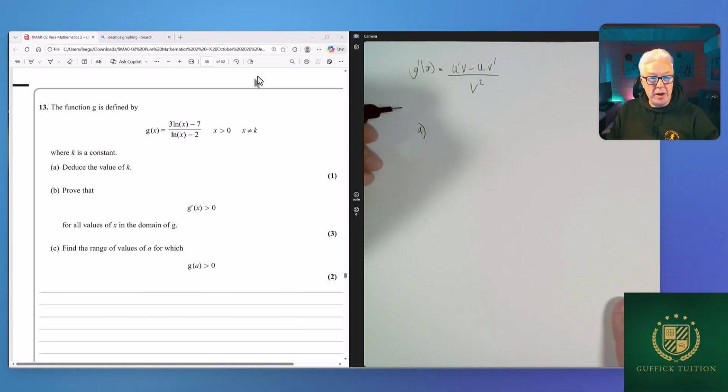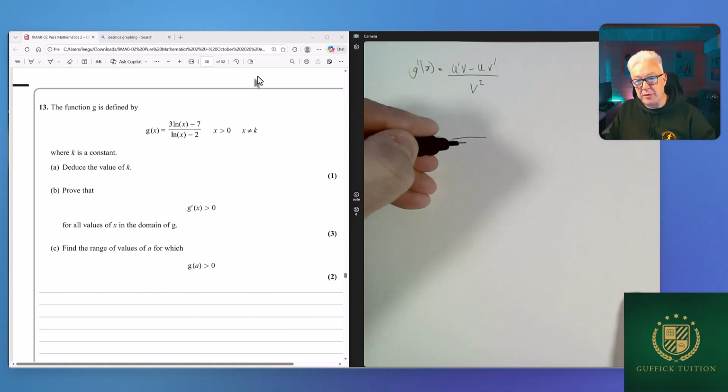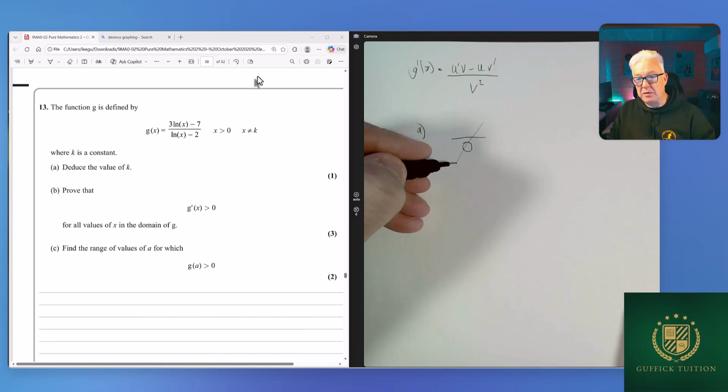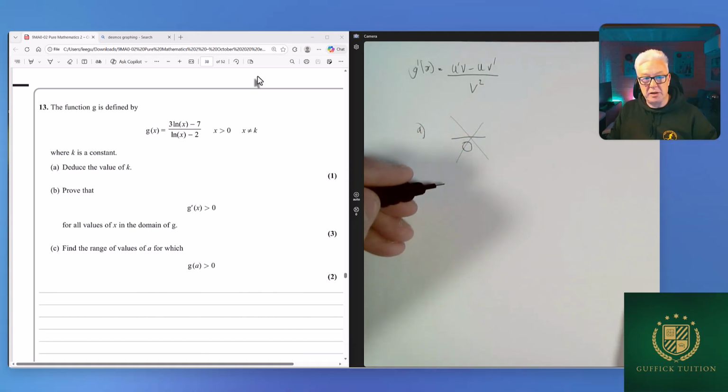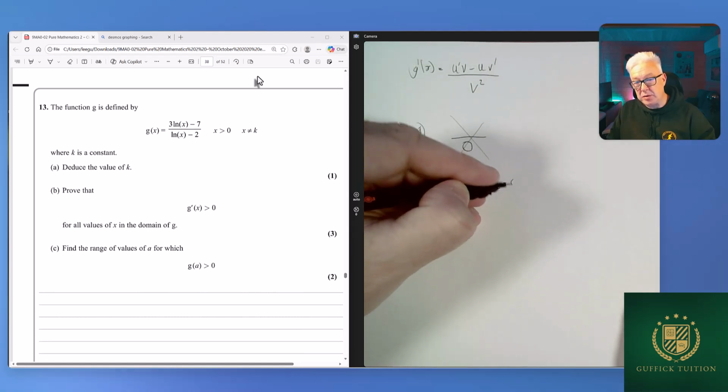Now, when I look at that, if we try and divide by 0, we're going to get a math error. It's going to be undefined. So the value of k that we cannot have is the value that makes the denominator equal to 0. We're not allowed to have that because that's undefined. So that happens when ln x minus 2 is equal to 0.